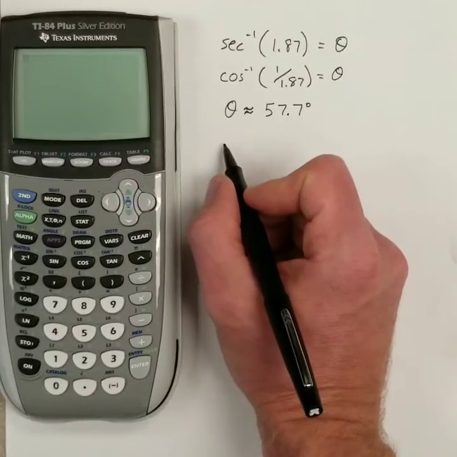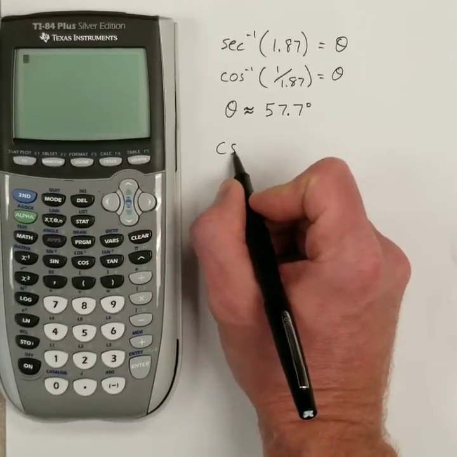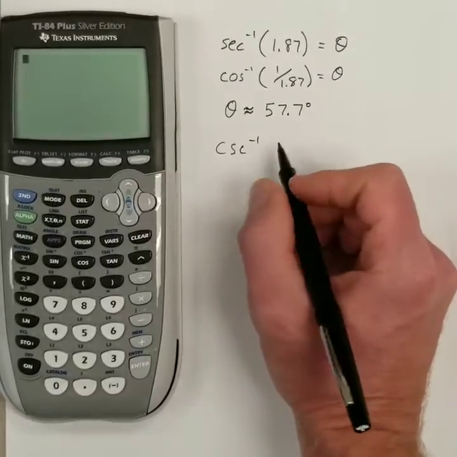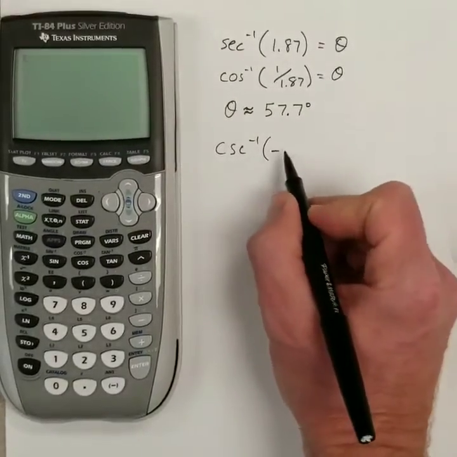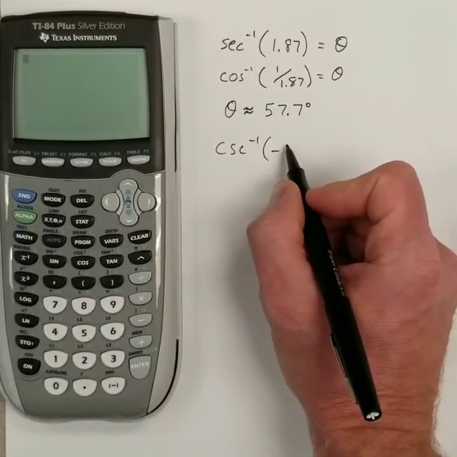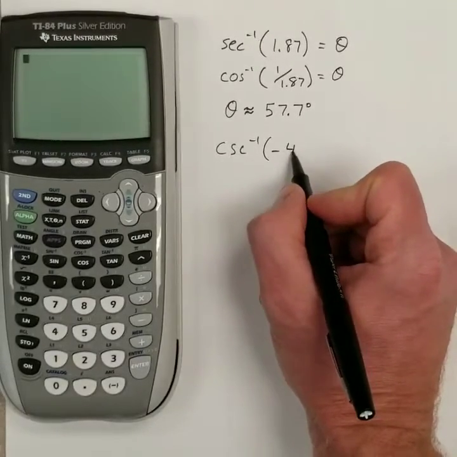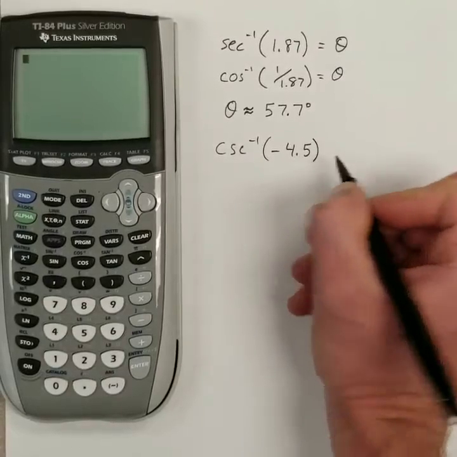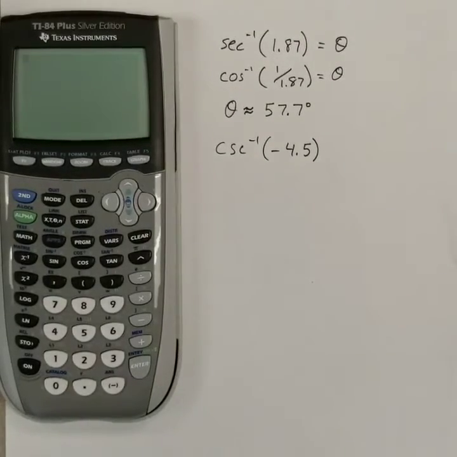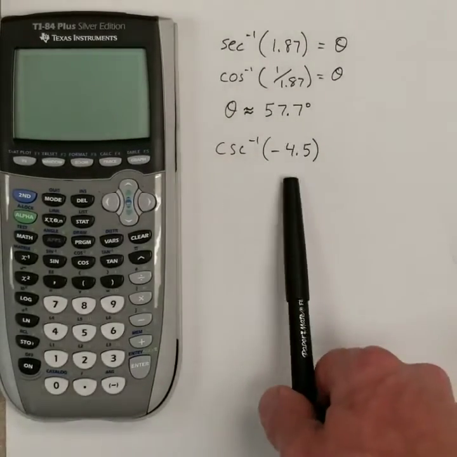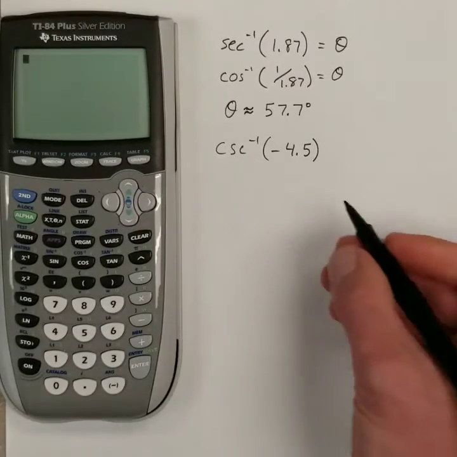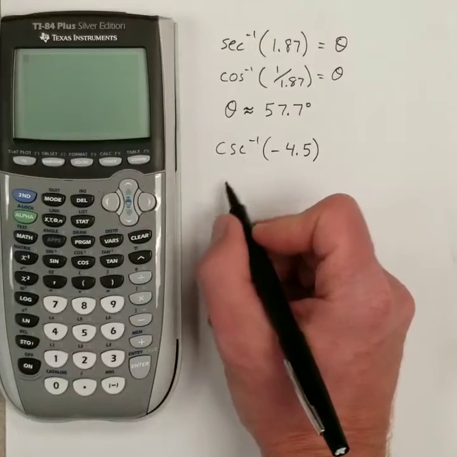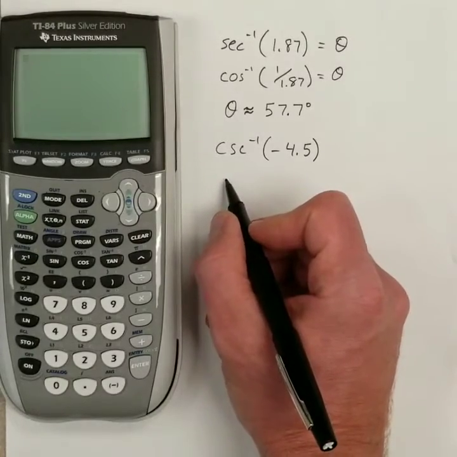So something like the inverse cosecant of negative 4.5. Okay. Well, again, the negative 4.5 is a ratio, and the cosecant is the inverse of the sine.